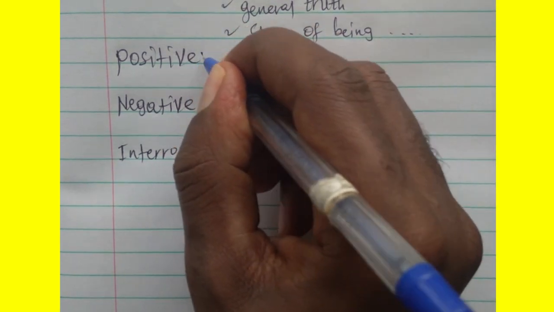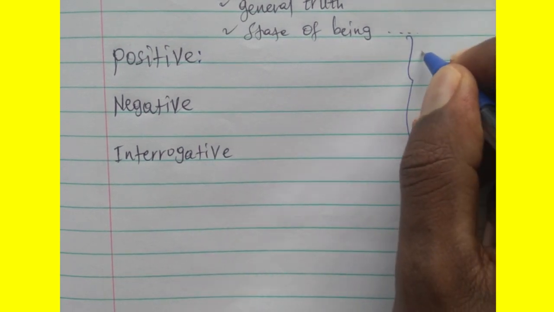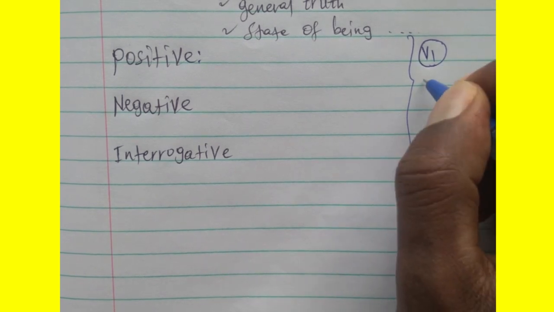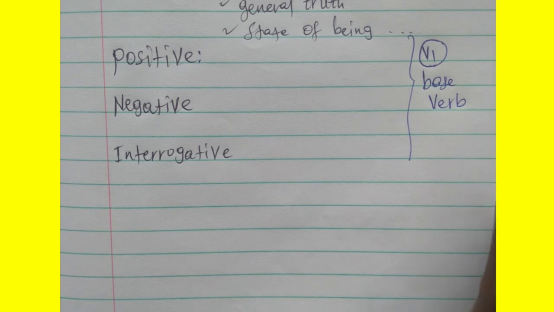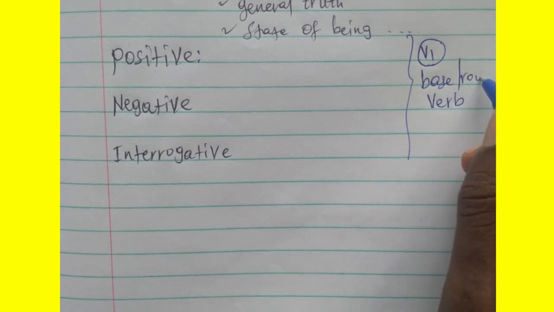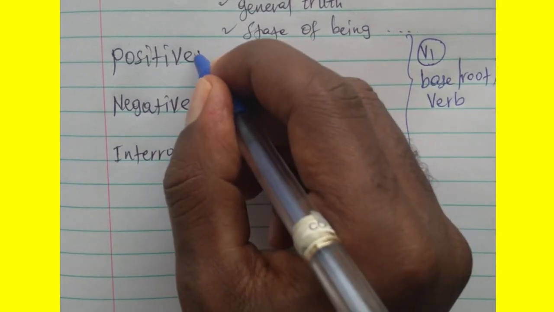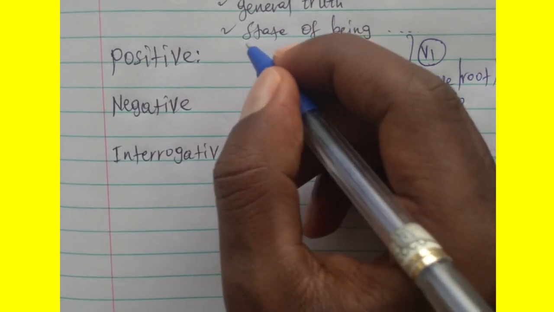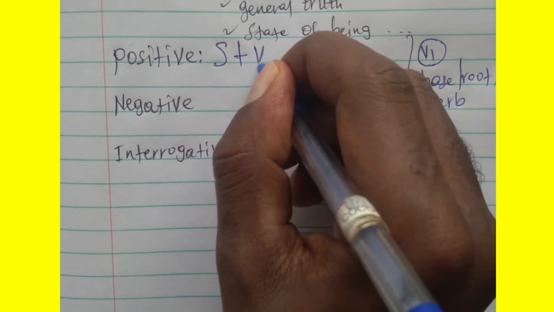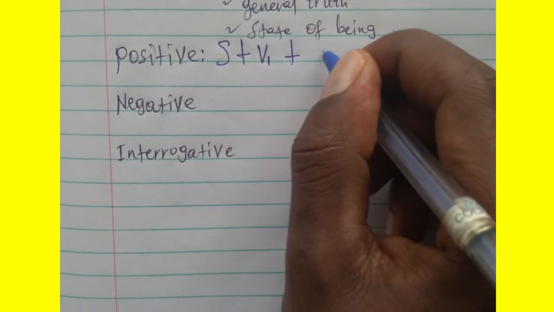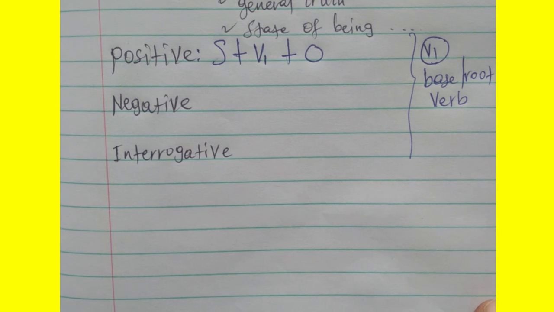So simply, in positive sentence, when the verb one is base verb, which sometimes we call root verb, then the structure of the simple present tense will be subject plus verb 1 plus object.